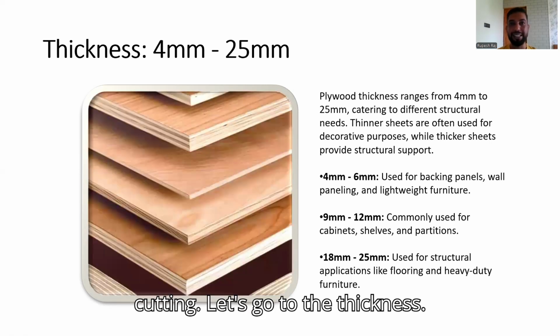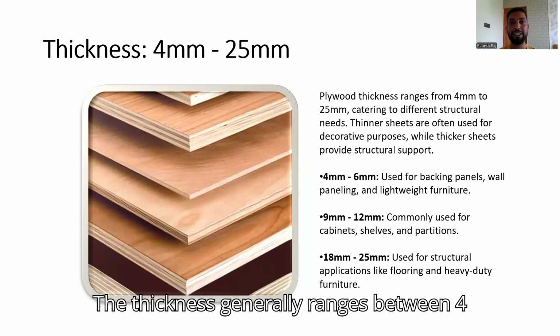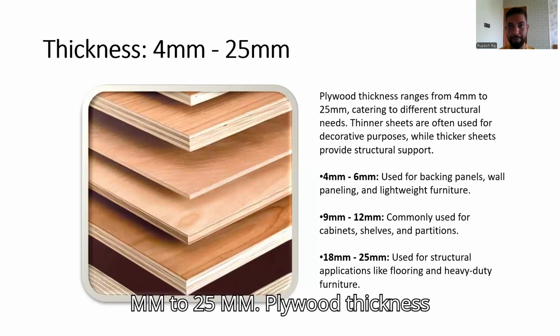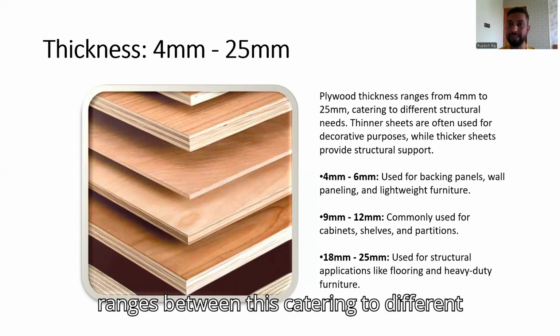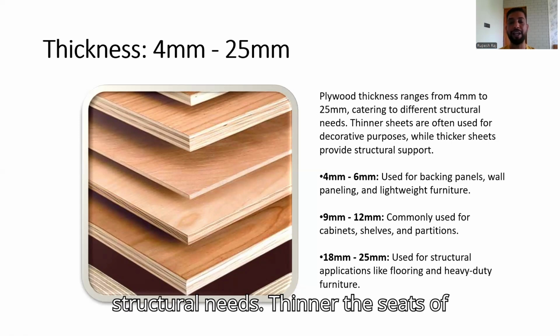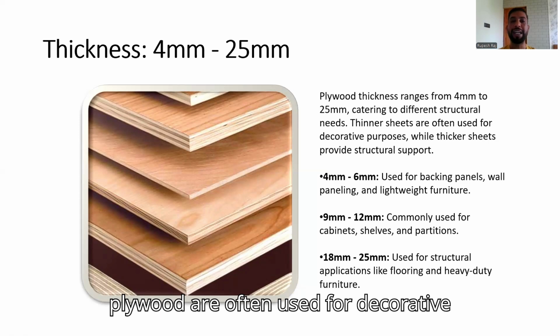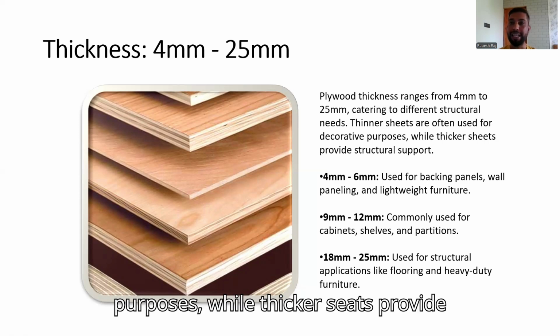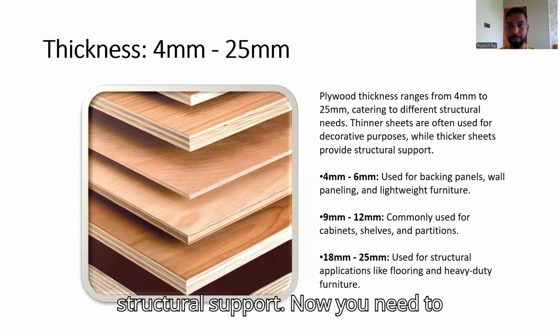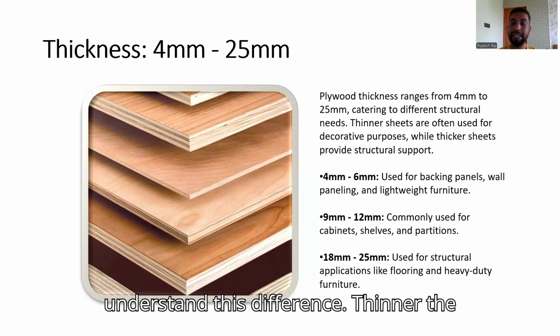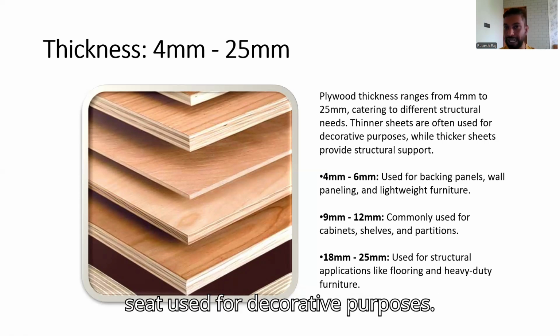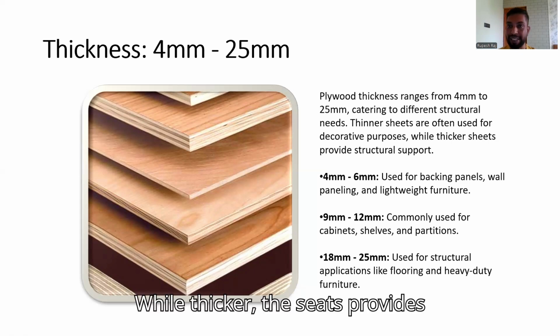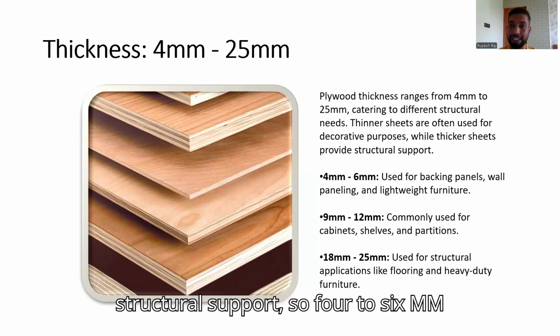Let's go to the thickness. The thickness generally ranges between 4 to 25 mm. Plywood thickness ranges between this, catering to different structural needs. Thinner sheets of plywood are often used for decorative purposes, while thicker sheets provide structural support. Now, you need to understand this difference. Thinner sheets are used for decorative purposes, while thicker sheets provide structural support.